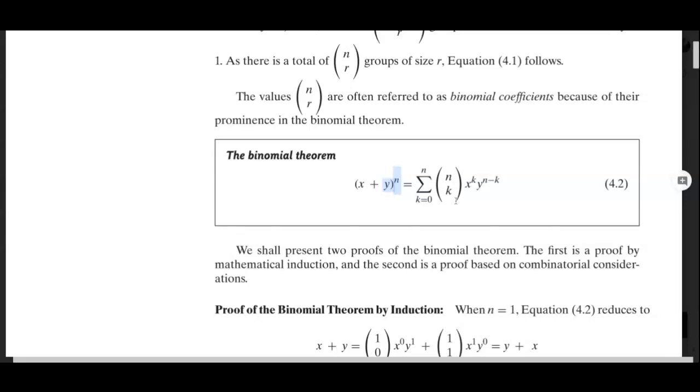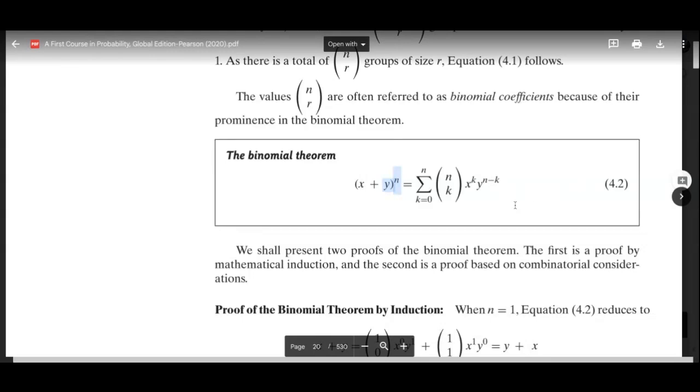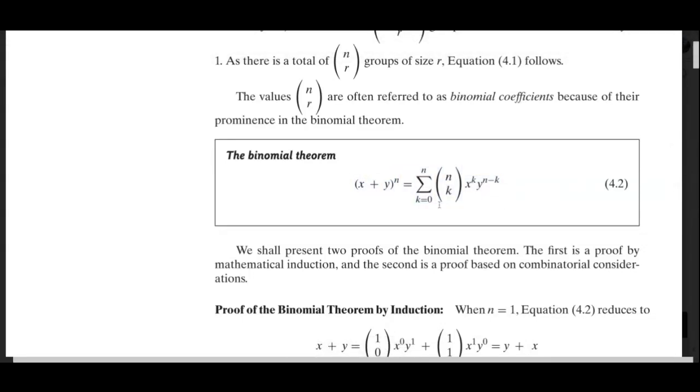The coefficient of each term is out of n, choose k, where k starts from 0, then becomes 1, 2, 3, up to n. So we have n choose 0 for x raised to 0, y raised to n, and so on and so forth, right? This is just short notation. So this contains n plus 1 terms.